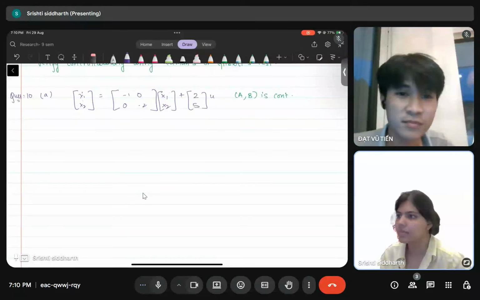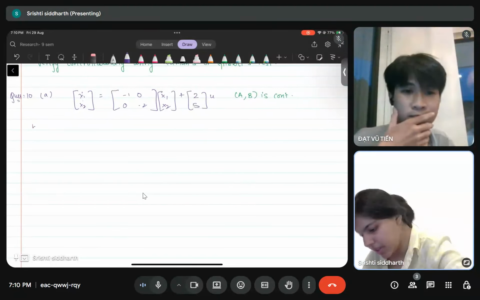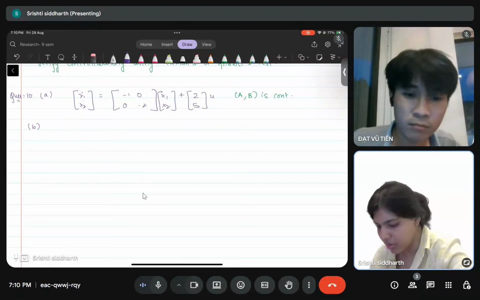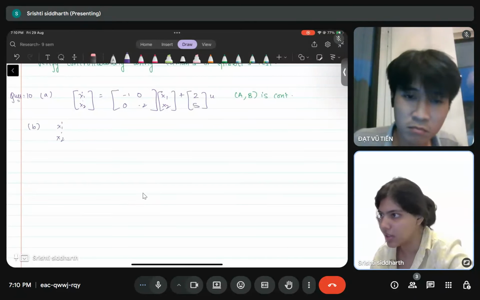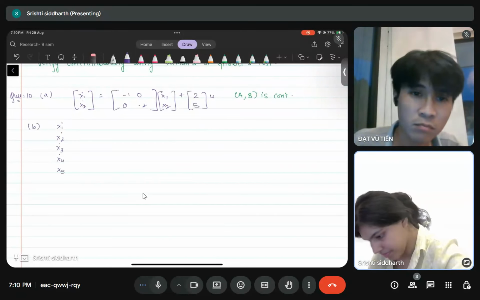Alright. Now let's look at a case of repeated eigenvalues, and we'll consider a larger system. x1 dot, x2 dot, till x5 dot.